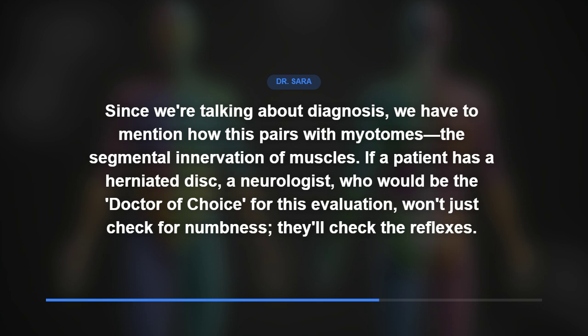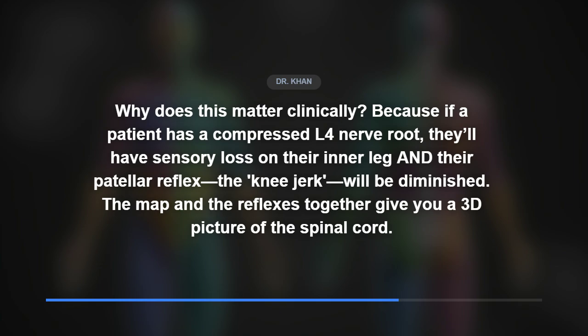Since we're talking about diagnosis, we have to mention how this pairs with myotomes, the segmental innervation of muscles. If a patient has a herniated disc, a neurologist, who would be the doctor of choice for this evaluation, won't just check for numbness, they'll check the reflexes. Why does this matter clinically? Because if a patient has a compressed L4 nerve root, they'll have sensory loss on their inner leg, and their patellar reflex, the knee jerk, will be diminished.